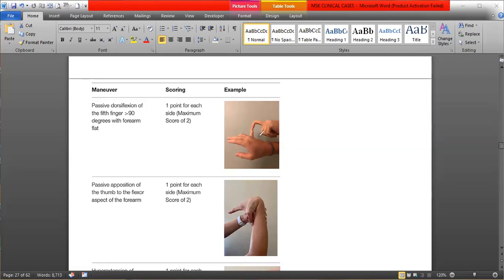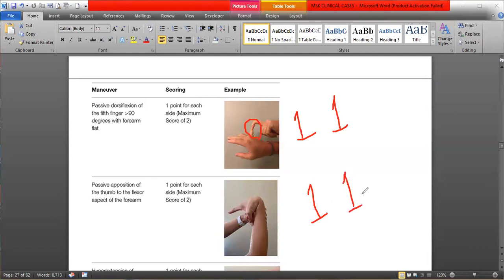So each finger one mark, one score. So this is right hand 1, left hand 1, and again we'll ask the child to touch the thumb to the flexor surface of the forearm. So again both hands with the thumb, then 1 and 1.